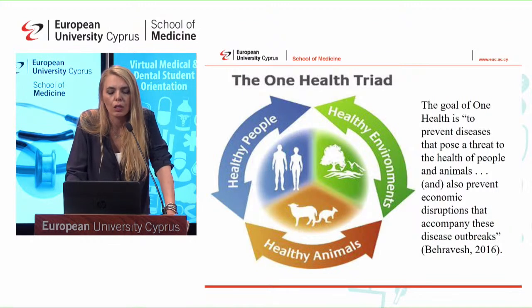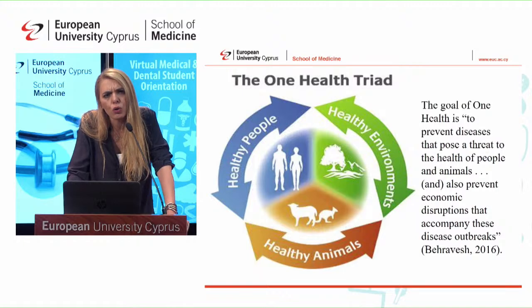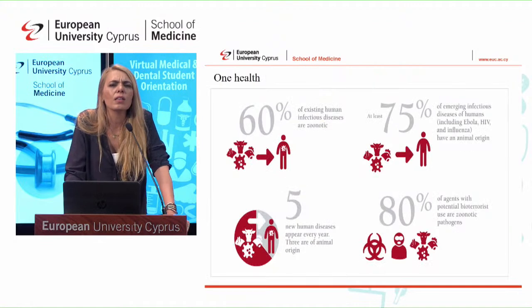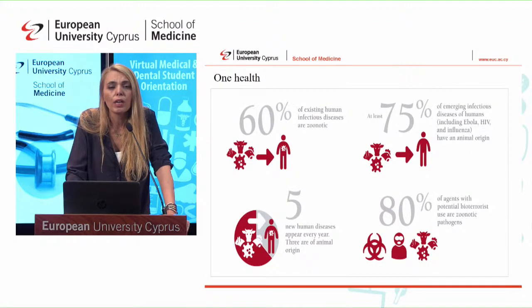So the goal of One Health is to prevent diseases that pose a threat to the health of people and animals, and also, in a way, prevent economic disruption that accompanies these disease outbreaks or pandemics. And here is some information that I would like you to remember. COVID-19 outbreak is not new.